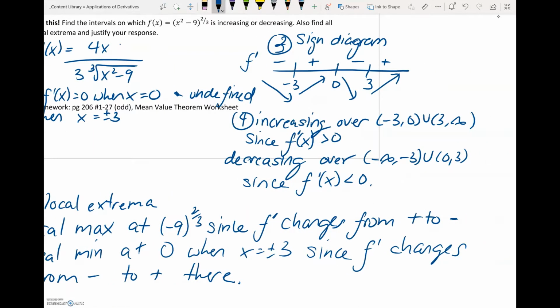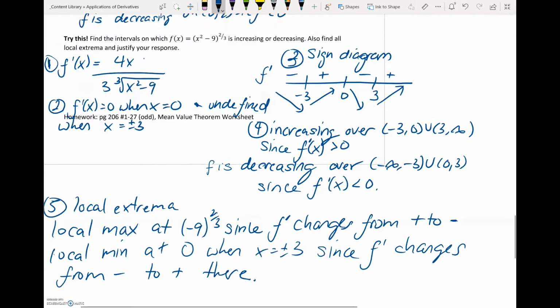You can tell that it's increasing whenever your f prime is positive. So it's positive in negative 3 to 0, and then from 0 to infinity. Then f prime is negative, which means f is decreasing over negative infinity to negative 3, and then 0 to 3. And that's because f prime is negative.